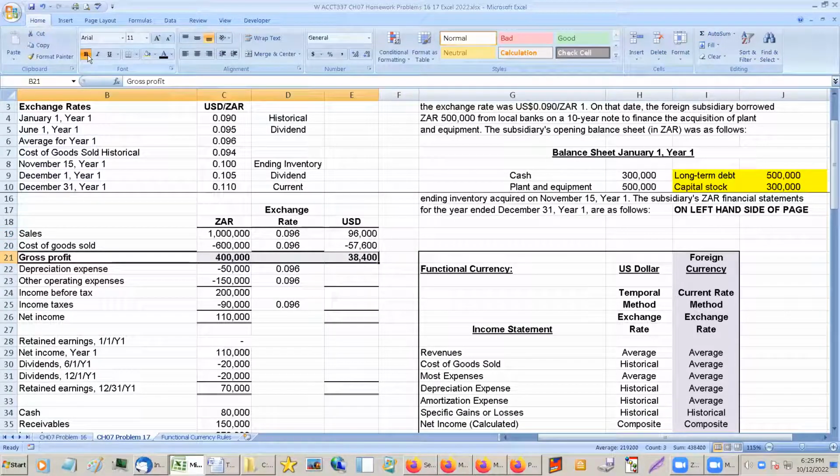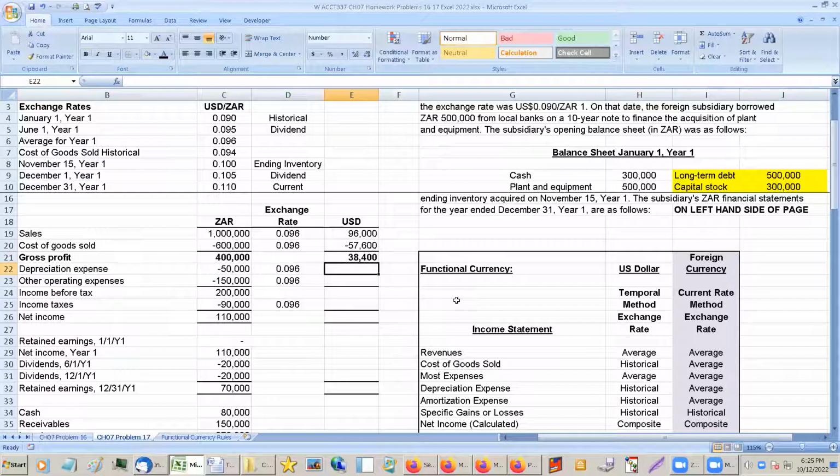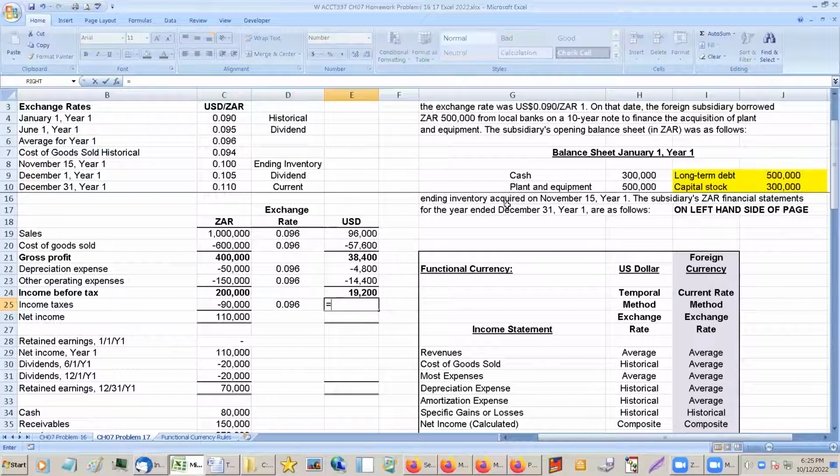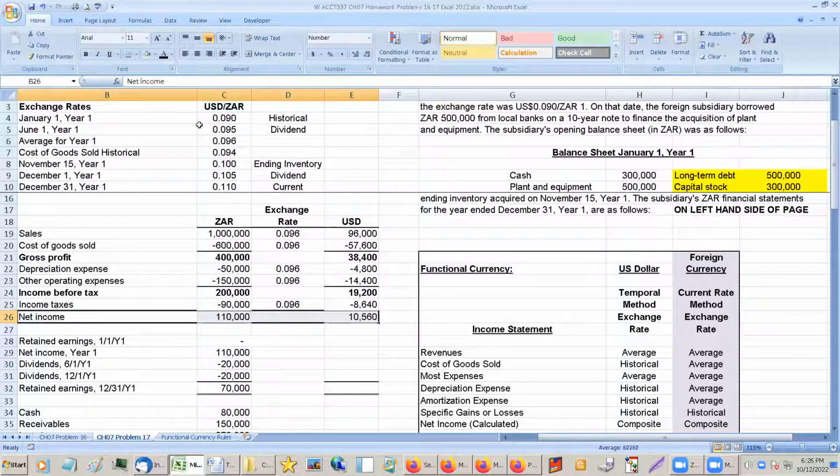Okay, so this will be the gross profit. Okay, I think you should have got that.